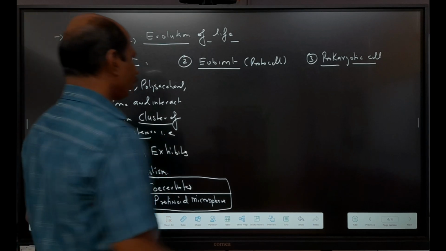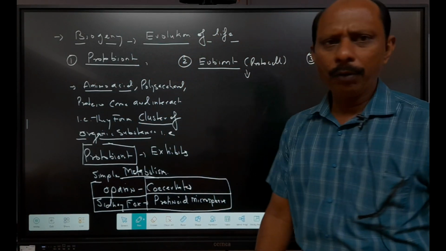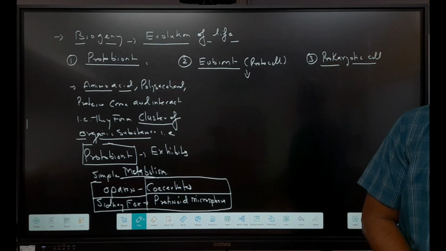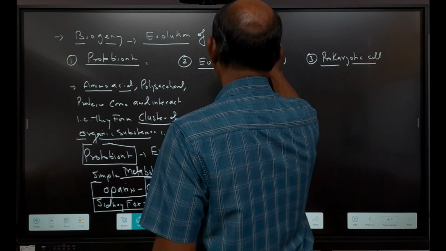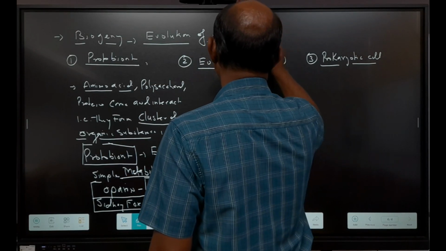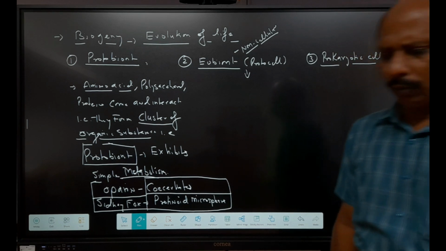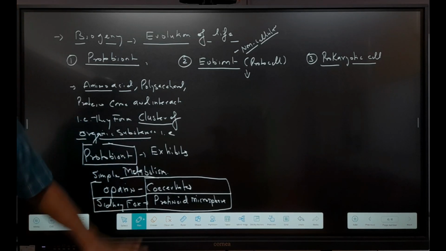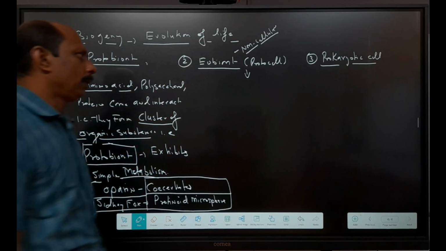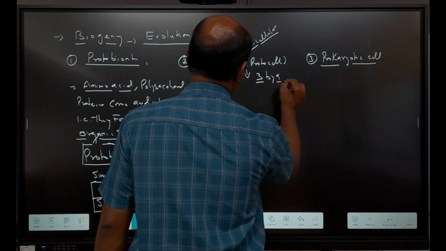After protobionts, the second stage is eobionts. Eobiont means viroids are formed, the first non-cellular forms. They were formed 3 billion years ago, right?